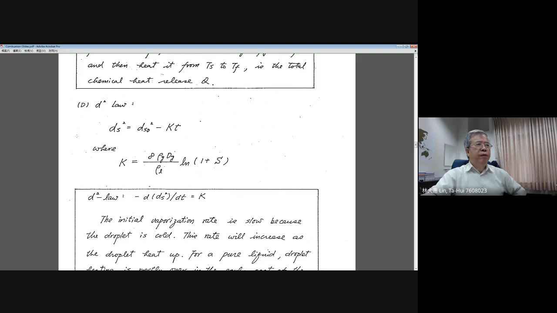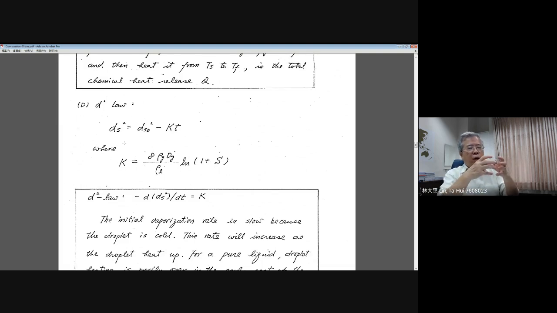It describes that ds represents the droplet size at any instant, and the square equals the initial droplet size squared minus kt. That means this d square, we are talking about the surface, right? D square means surface.